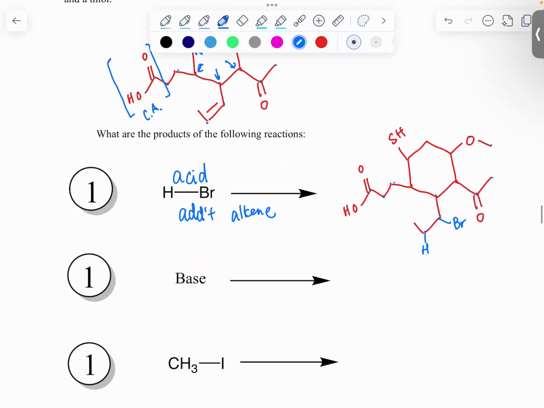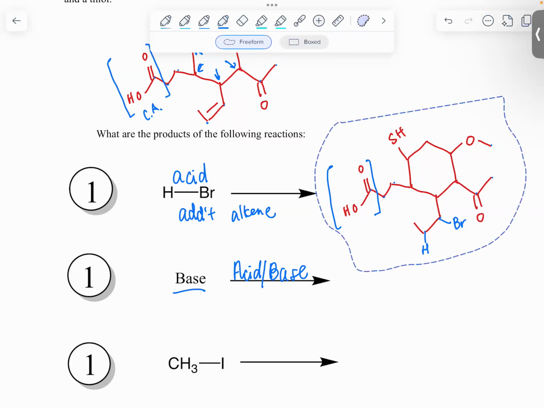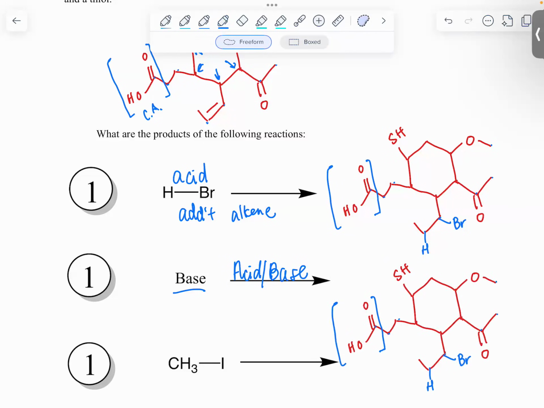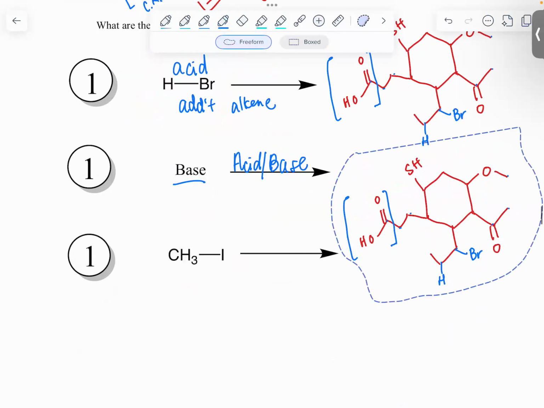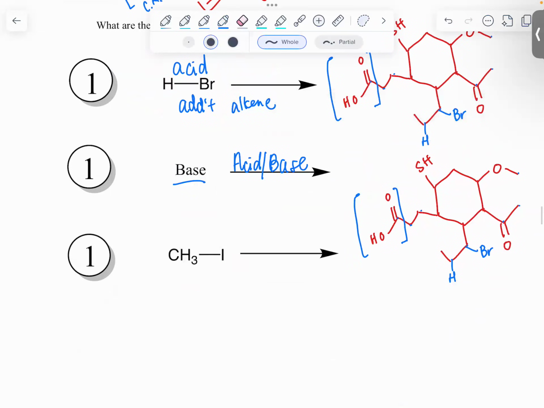Now, with this, we also have a base, which we had in our carboxylic acid. We can do acid-base chemistry with that. And if we take our structure again, and let me clean up those annotations and put back my double bond.